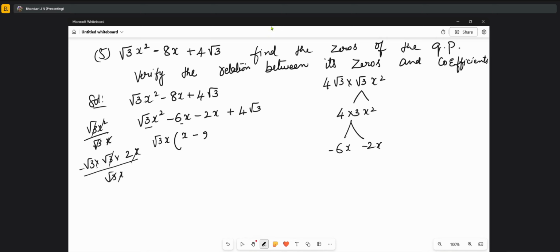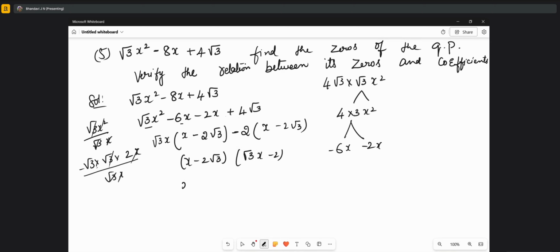So I will get minus 2 root 3. Here I will take minus 2 common so that I will get x minus 2 root 3. So we will get x minus 2 root 3 into root 3x minus 2.